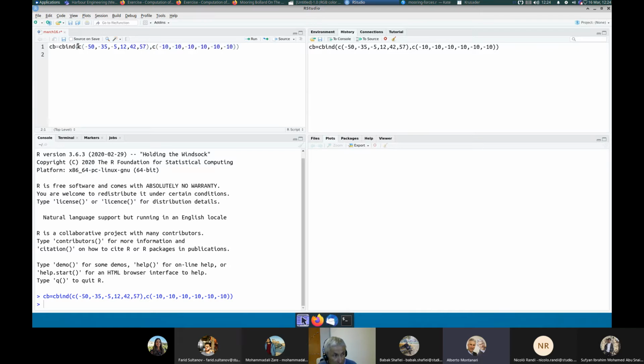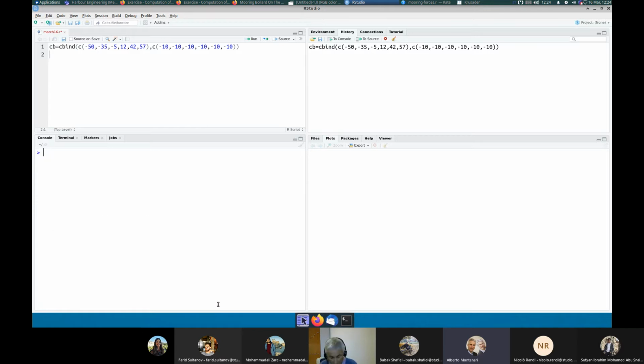So this instruction binds, puts together two vectors to form an array. If I now write in the console, not in the script, because I want to check what I have memorized, this is the matrix.